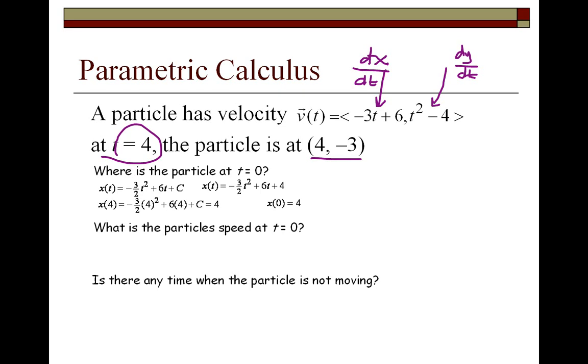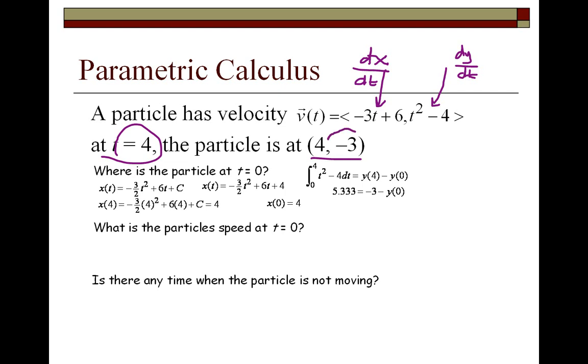Now, since this is a calculator test, there's another option for this problem, and that is using the fundamental theorem of calculus. If I integrate t squared minus 4 on the interval from 0 to 4, I'm going to get the position at 4 for y minus the position of y at 0. Well, just punch that in your calculator. You get 5.333.